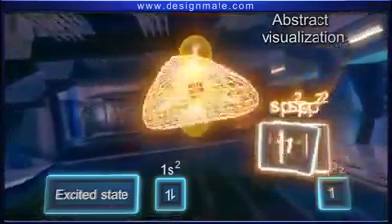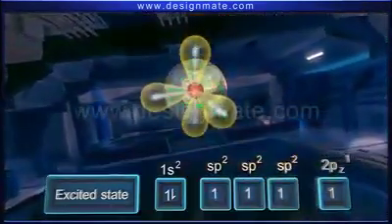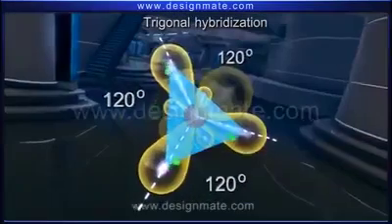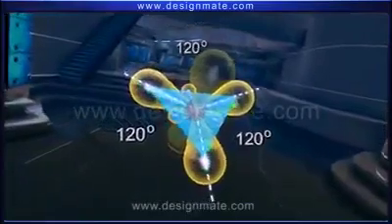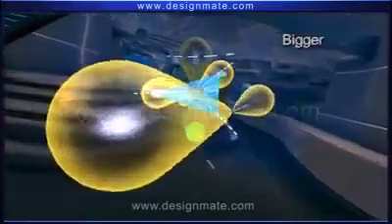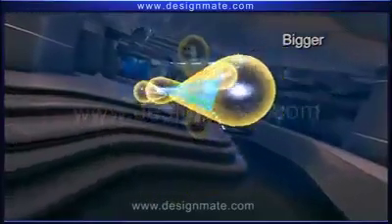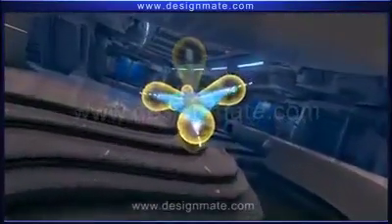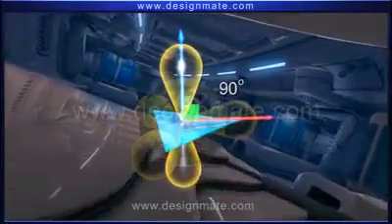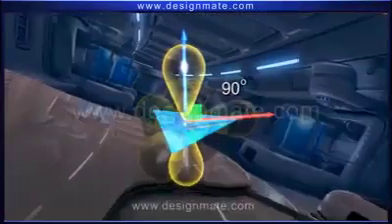The hybridization leads to the formation of 3 equi-energetic sp2 hybrid orbitals. As you can see, each sp2 hybrid orbital is bilobed, one lobe bigger than the other. The half-filled p orbital, which was not involved in hybridization, lies at right angles to the plane of the equilateral triangle.